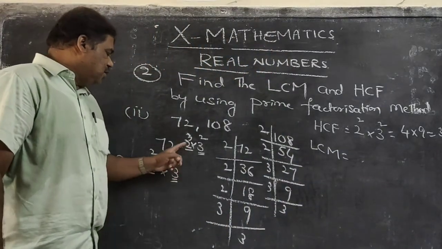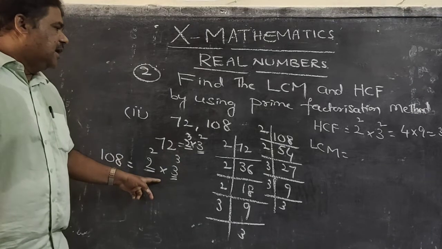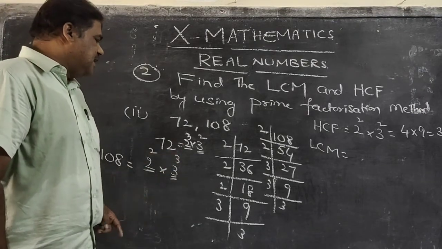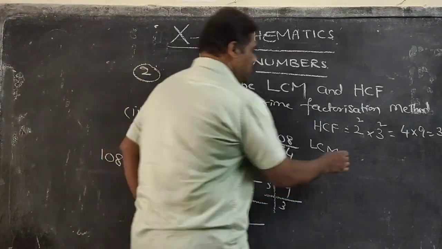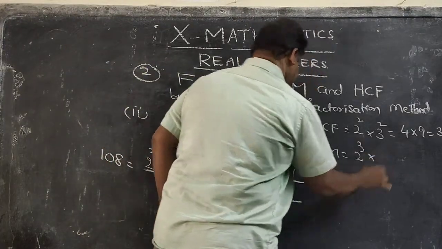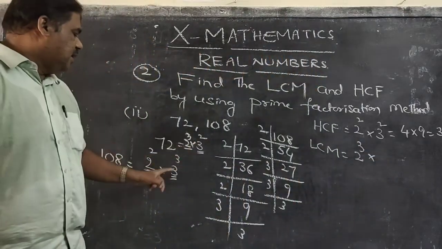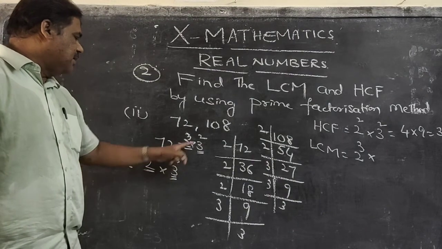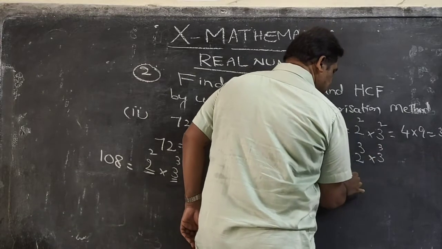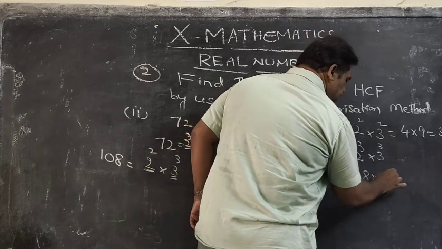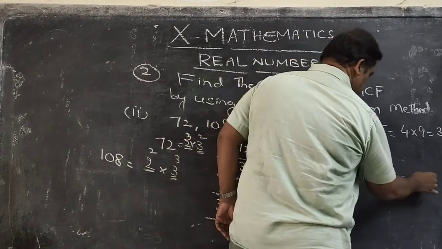Now LCM. LCM means first you underline the common factors. Now the common factors with highest power. Here 2 cube, 2 square. Highest power is 2 cube. Here 3 square, 3 cube are common. Common factor with highest power, so 3 cube. 2 cube is 8. 3 cube is 27.